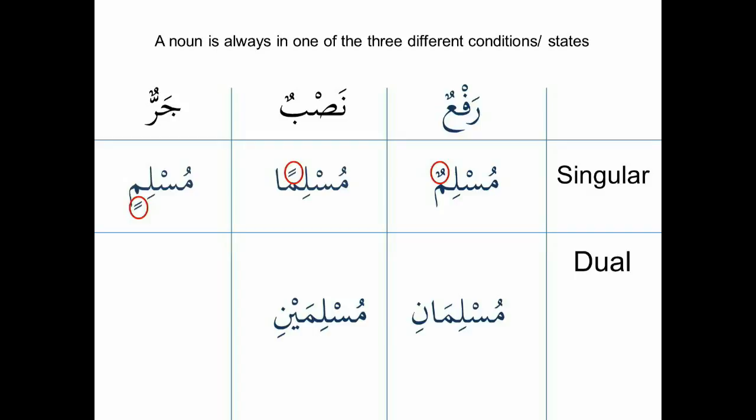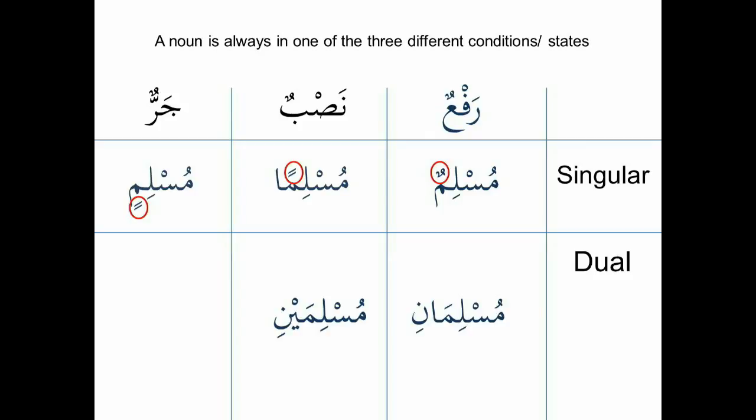Now I'm going to ask you, put two pens into raf'un. Qalam, qalamani. Put two mountains into raf'un. Jabal, jabalani. Good. Put two pens into nasbun. Qalamaini. Put two jabals into nasbun. Jabalaini. You with me? Okay.